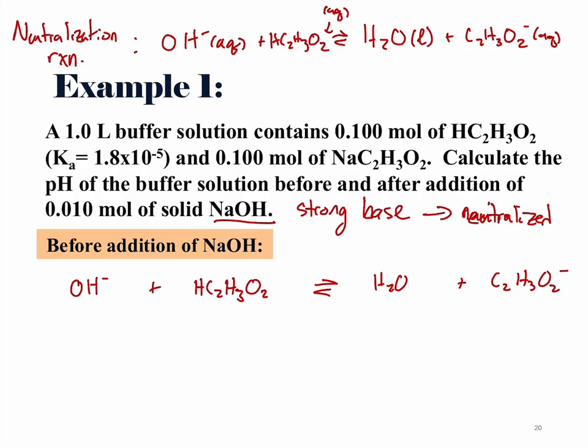And at the moment, before mixing, we have 0.1 moles of acetic acid, 0.1 moles of acetate, and 0.01 moles of sodium hydroxide. We mix them together. We know that all of that hydroxide that we add is being neutralized. So then we mix.